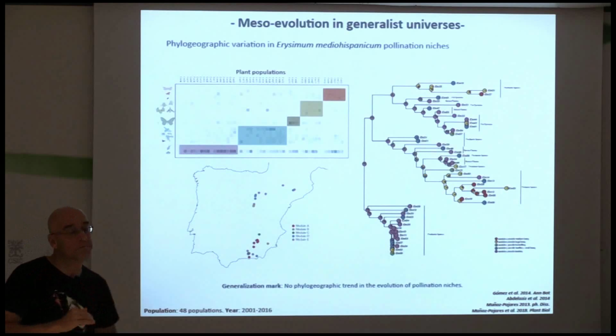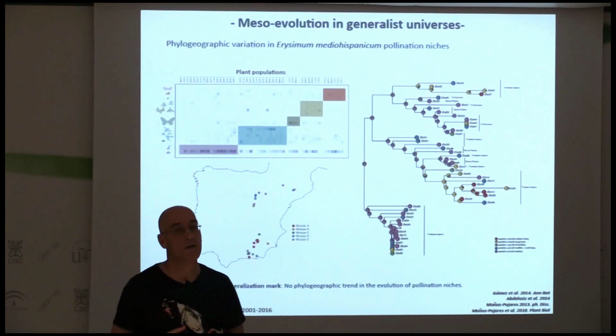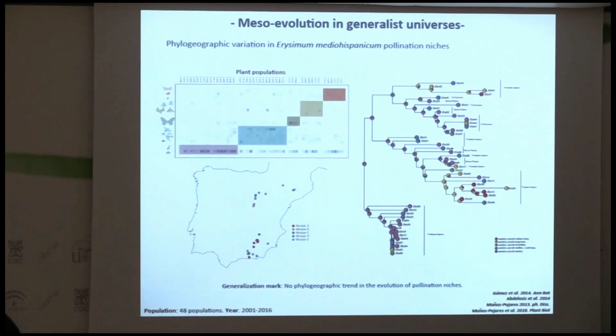Okay, moving a little bit up and increasing the geographical scale, we are still at the mesoevolutionary scale, and we can try to find if there is some kind of phylogeographic signal of the generalist system. We explored that doing exactly the same that we did before, but in many populations along the entire geographic distribution of the plant in the Iberian Peninsula.